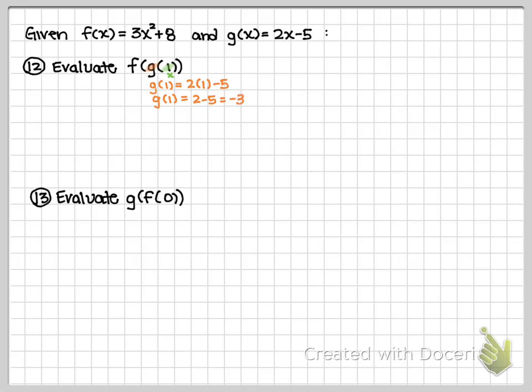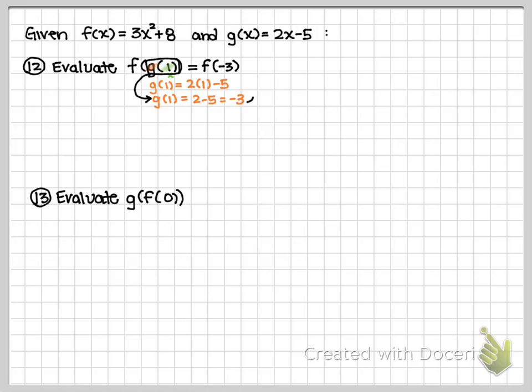Okay. So if g of 1 is equal to negative 3, then I can actually rewrite this guy at the beginning. I have f of, well, g of 1 itself, I just figured out was negative 3. So I'm going to replace it. So this now says f of negative 3.